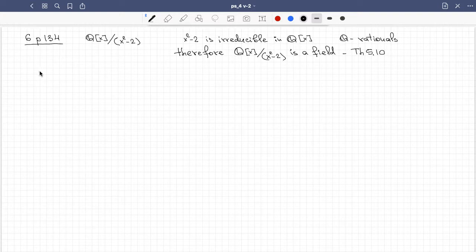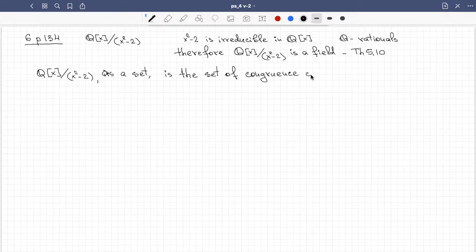Every congruence class, so Q of x over x squared minus 2 is, as a set, the set of congruence classes of polynomials modulo this polynomial.